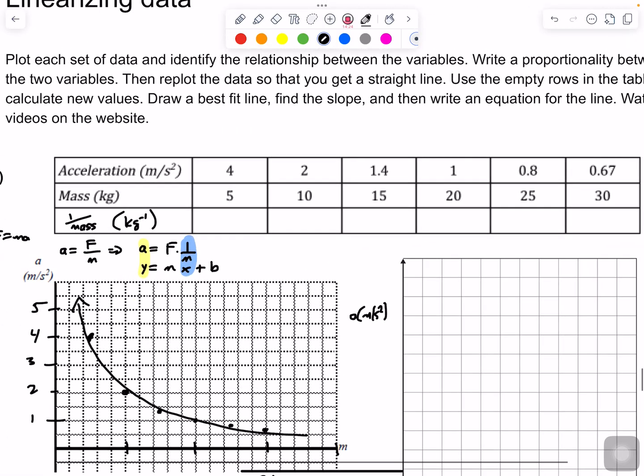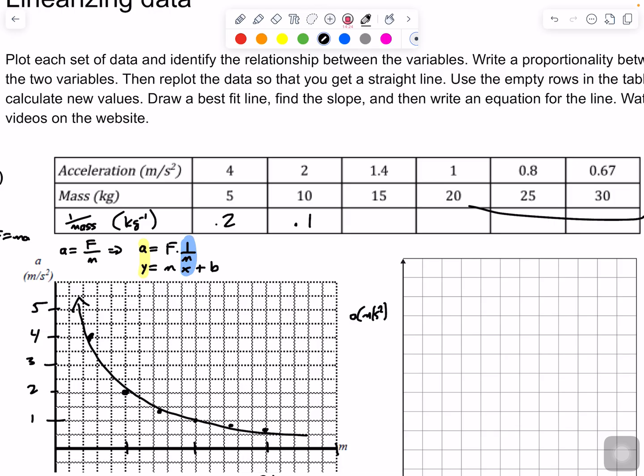Okay, so we need to inverse our second row. Let's take a second to do that. If we go 5 inverse, we get 0.2. If we go 10 inverse, we get 0.1.